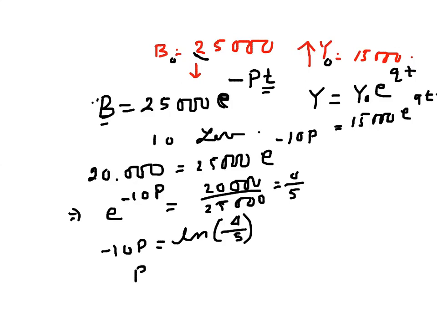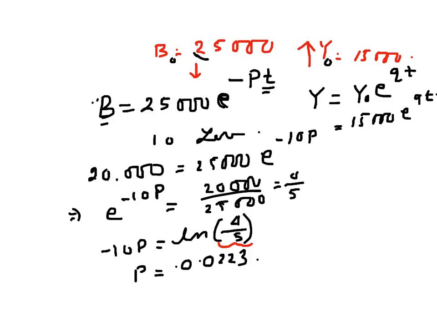So finally we will end up getting p as 0.0223. It will be positive because the ln of this fraction is negative. So we have found p.